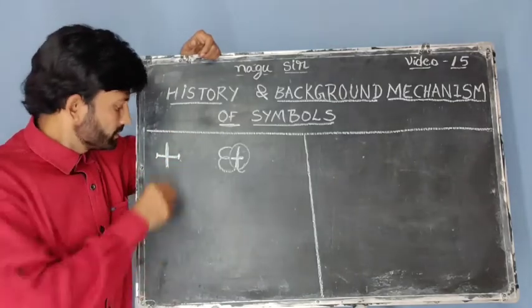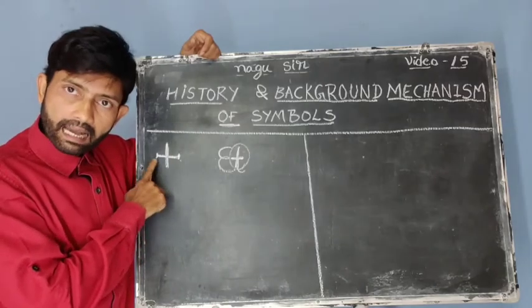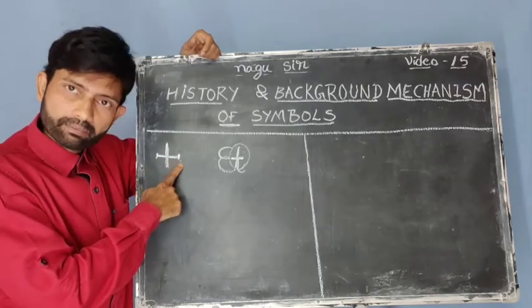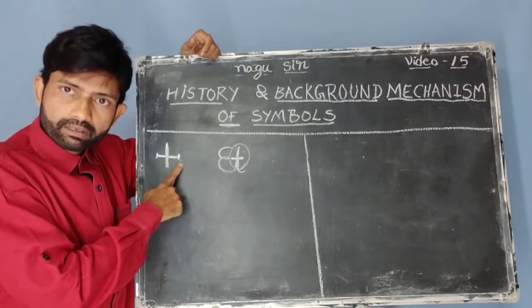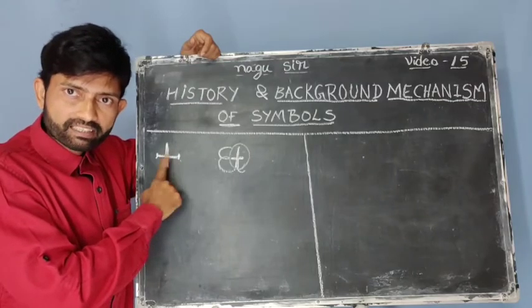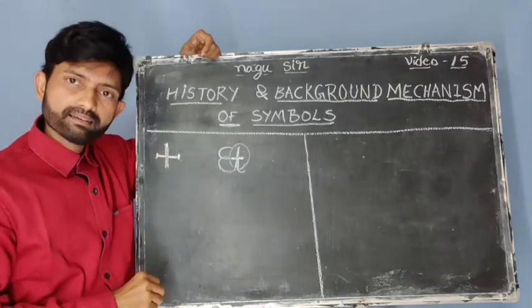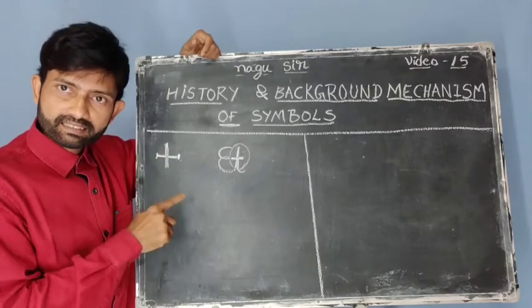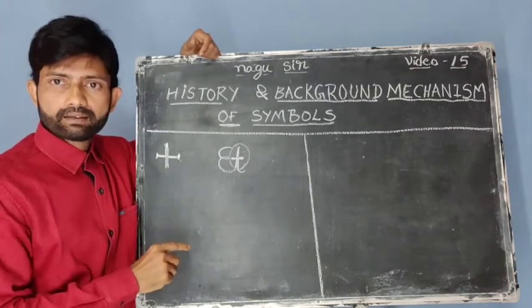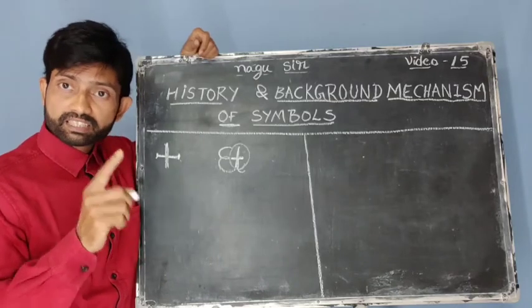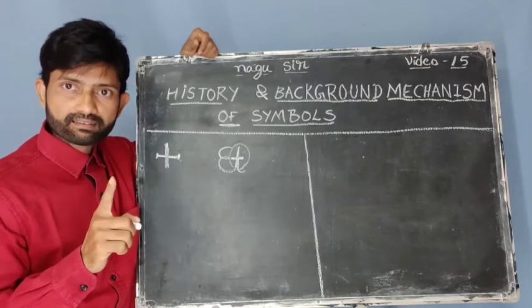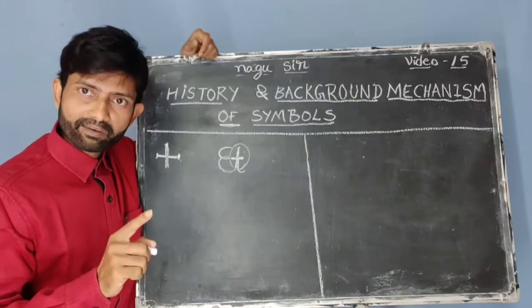Clear? Plus indicates that I have something and you have something, and we both get together and make these two things as one thing. So this indicates the symbol plus. Clear, my dear friends? This is my own logic. Don't be confused.